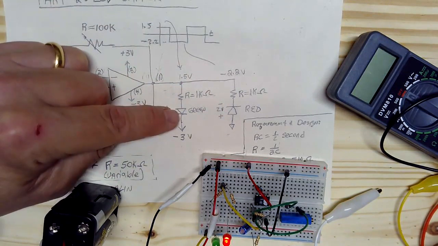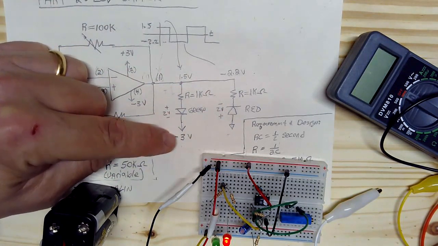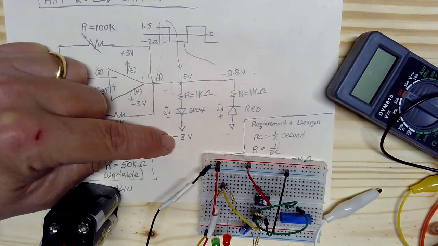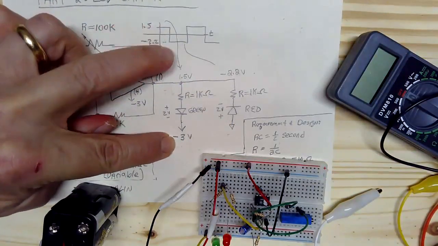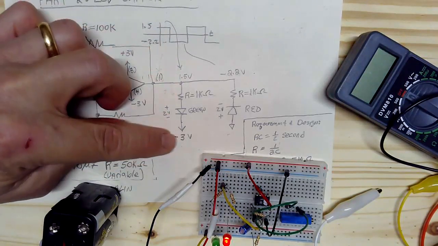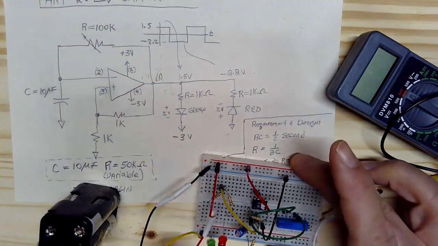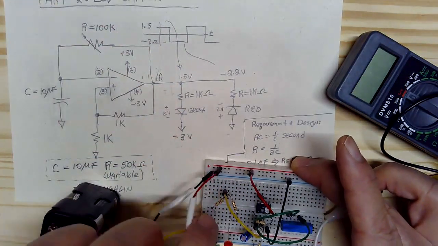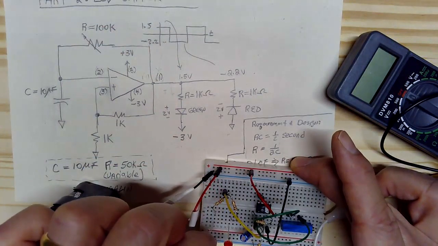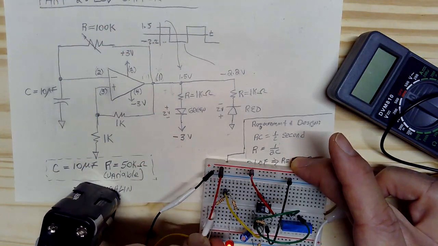So what we're going to do is, instead of connecting that cathode to ground, I'm going to connect it to minus 3 volts. So that way, when this output is high, we'll have 1.5 volts here, minus 3 here, and that'll be sufficient to turn on the green LED. So I'm going to take that one, and I'm going to connect it to my minus 3 volt rail.